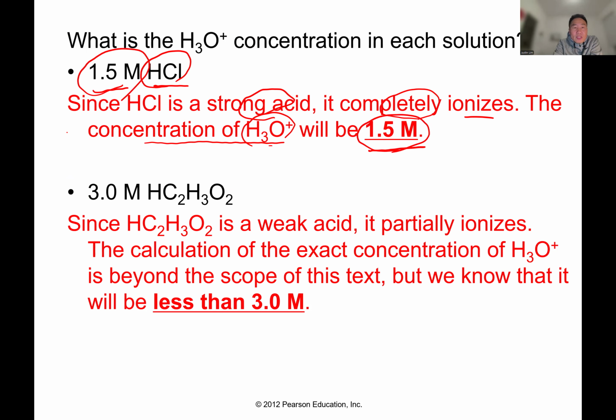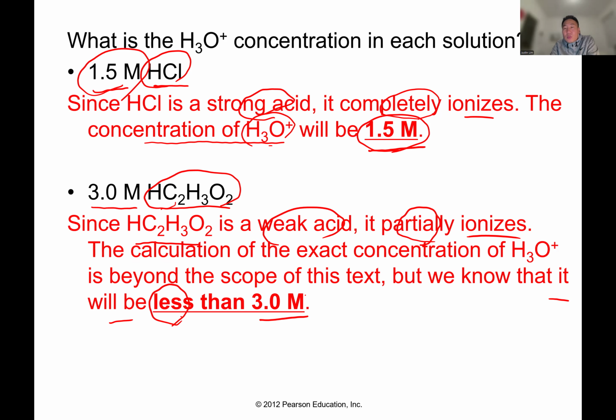Okay. What about 3.0 molarity of acetic acid? So memorize the 6 strong acids, right? This is not one of the 6 strong acids. So since acetic acid is a weak acid, it partially ionizes. What does it mean? It will be less than 3.0 molarity.